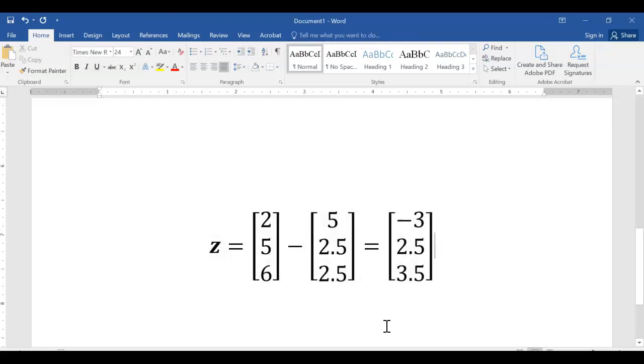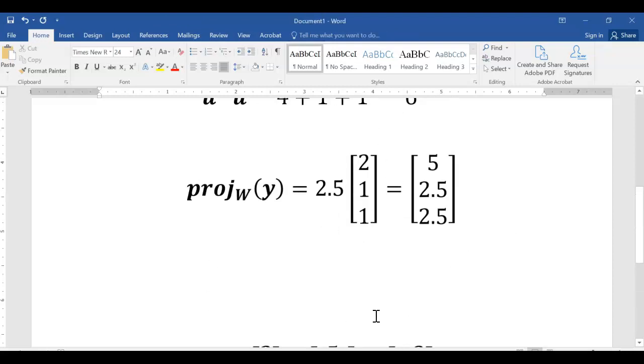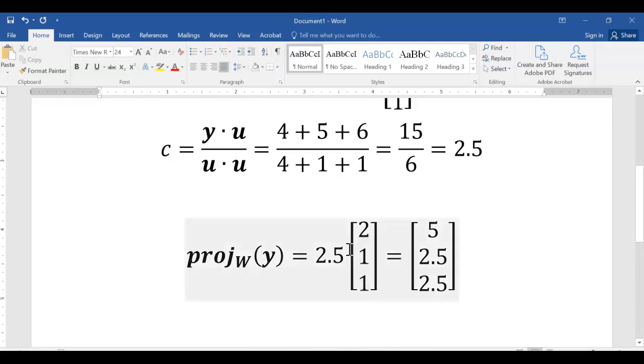By the way, you can check that by doing the inner product with (2, 1, 1).